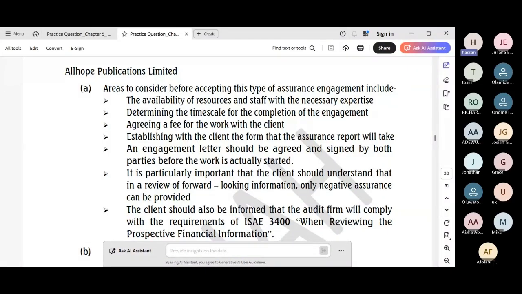Is it the same procedure? That's on the one hand. Then the other one is assurance and non-assurance engagement. Is the procedure still the same? I know that audit is also part of an assurance engagement, but for the non-assurance engagement, is it the same procedure, or are there some differences in the procedures?